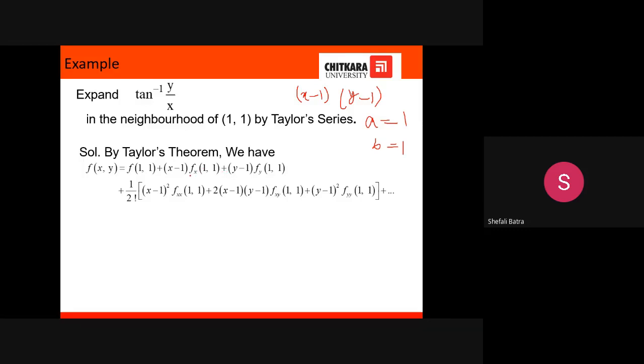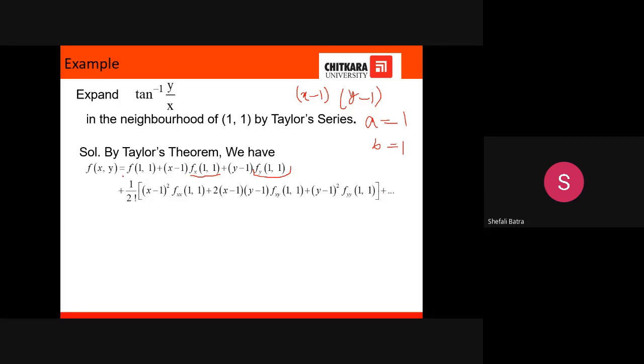You need first order partial derivative with respect to x at point 1 comma 1, plus y minus 1, first order partial derivative with respect to y at point 1 comma 1, plus 1 by 2 factorial, x minus 1 square fxx at point 1 comma 1, plus twice of x minus 1 y minus 1 fxy at 1 comma 1, plus y minus 1 square fyy at 1 comma 1, and so on, right?